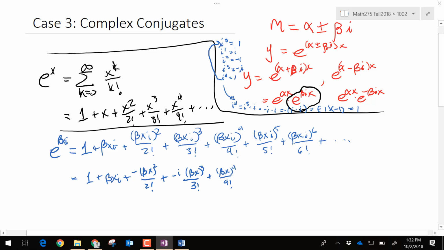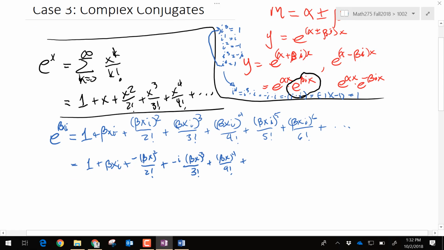Okay, let's keep going. i to the 5th. Just regular i, not negative. So beta x to the 5th times i over 5 factorial. And i to the 6th, that's -i. Beta x to the 6th over 6 factorial. 7th, so we just had -i.